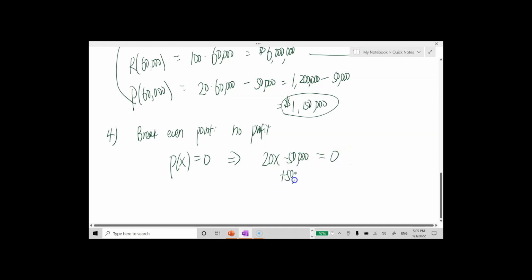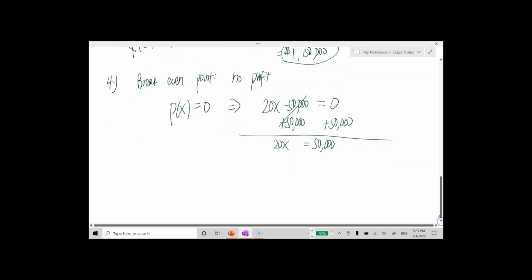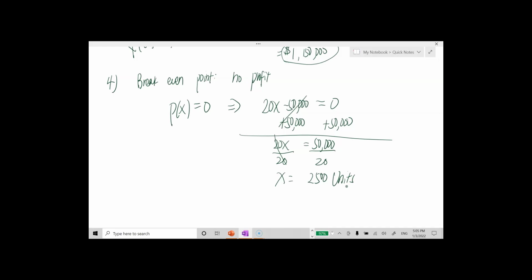So add 50,000, so we get 20x equals 50,000. From there, we divide by 20, and we get 2,500 units. When the company produces 2,500 units, they have the break-even point. They do not have any loss or profit.